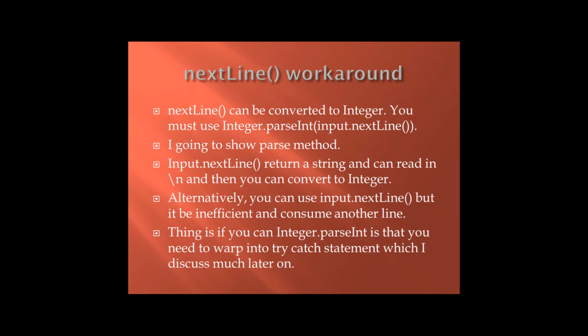Now we can work around it. A couple of things we can do. The nextLine can be converted to an integer. You must use integer parsing, so you put this in. Whatever argument you put, it will convert that to an integer.